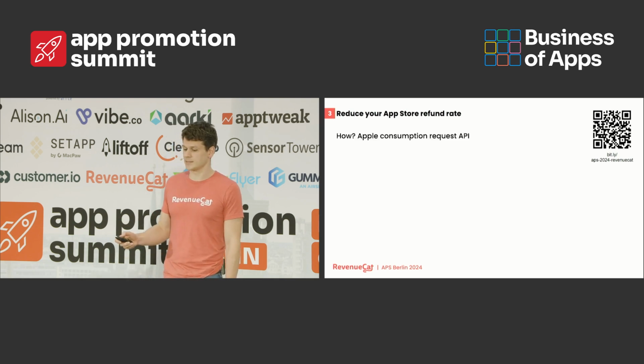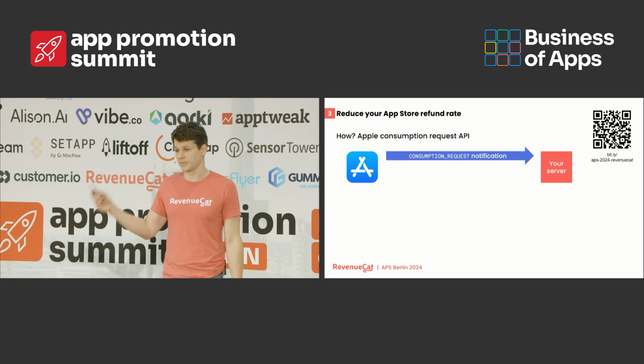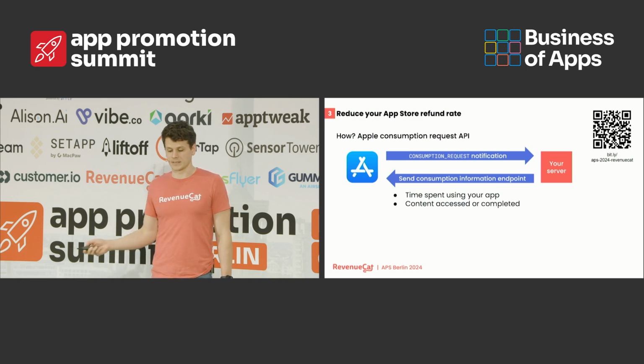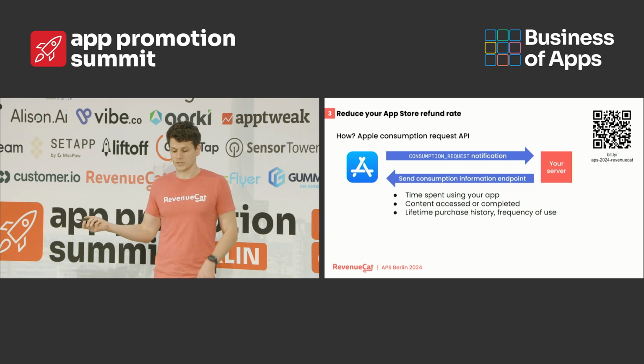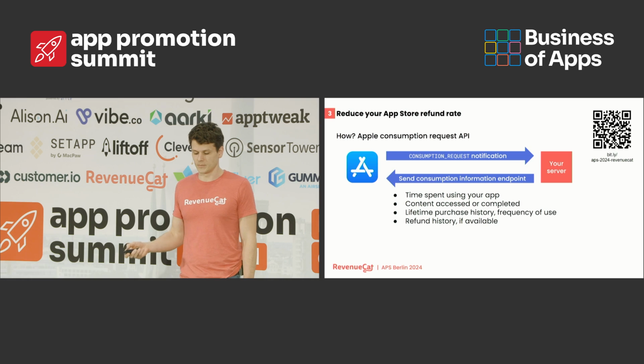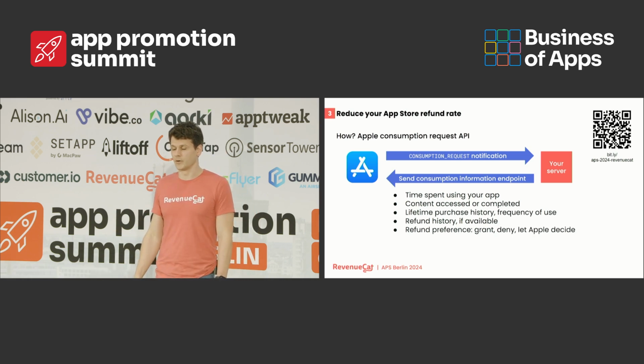Well, Apple has this consumption request API, where whenever a customer requests a refund from Apple, they send a notification to your server. You can then respond with information about this customer, including how much time they spent using your app, did they access any content, what is their lifetime purchase history, how often are they using the app, did they have any refunds in the past, and what is your preference for whether to grant or not grant a refund.